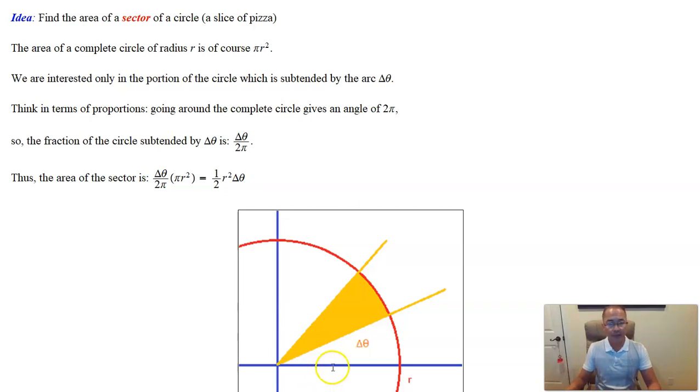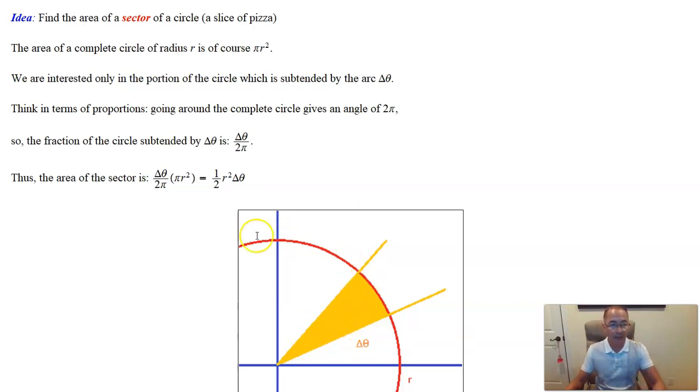Okay, this is reasonable because as we go counterclockwise around the circle, we call that angle theta. All right, so a change in theta will cut a little slice of pizza for us, a sector of a circle.